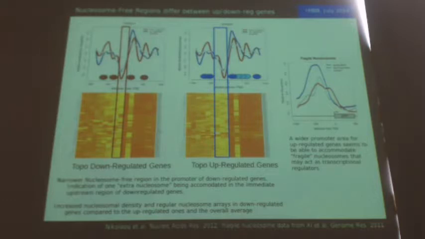These are nucleosomes that, upon increased time of digestion with micrococcal nuclease, tend to vanish in the promoter. The traditional way of mapping nucleosomes in an experiment is to digest with micrococcal nuclease, extract the fragments, and sequence.